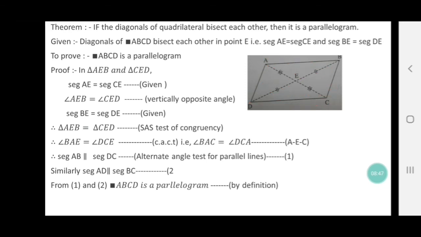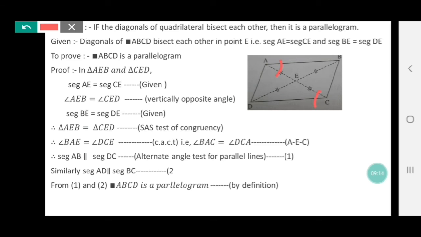I'll be considering angle BAE is equal to angle DCE, right? Which can be written as angle BAC is equal to angle ACD, as E lies between A and C.